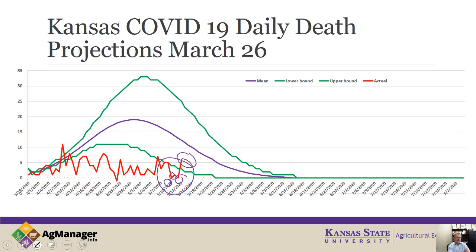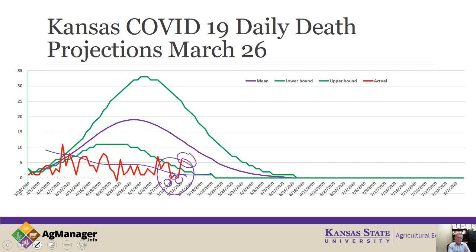Again, in terms of looking at this, you can see that essentially Kansas has been relatively flat the entire time. Again, if you would average those out, you would probably see a downward trend in the death over time. Generally, we've been outside that 95% confidence interval. We've been lower than the lower bound.